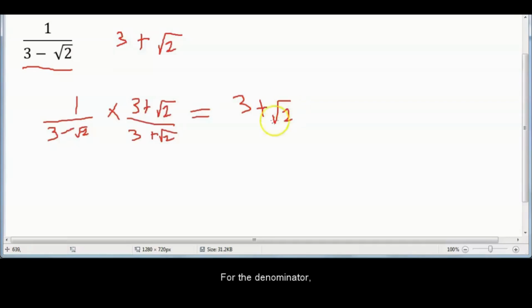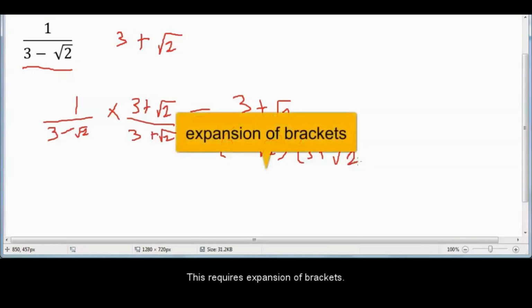For the denominator, we're going to have 3 minus root 2 and 3 plus root 2. This requires expansion of brackets, two brackets placed side by side.